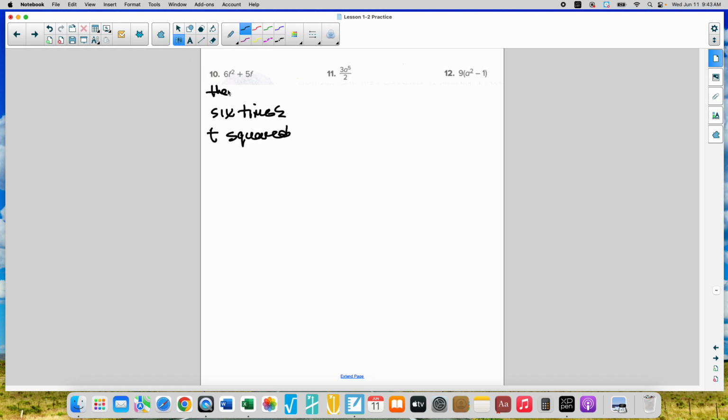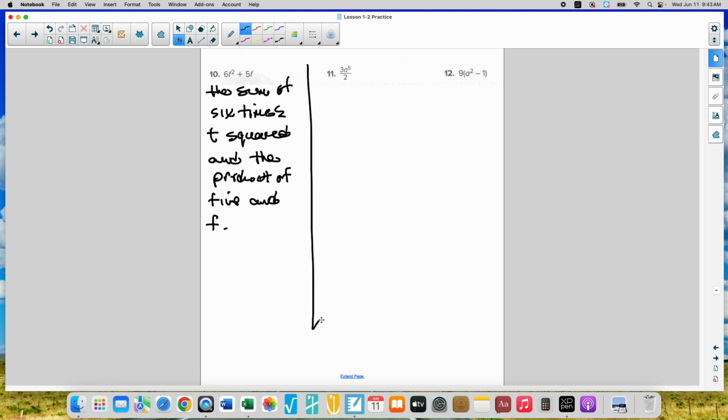Let's do the sum of 6 times t squared and the product of 5 and f. That's not my best, but they're getting a little crazy here.